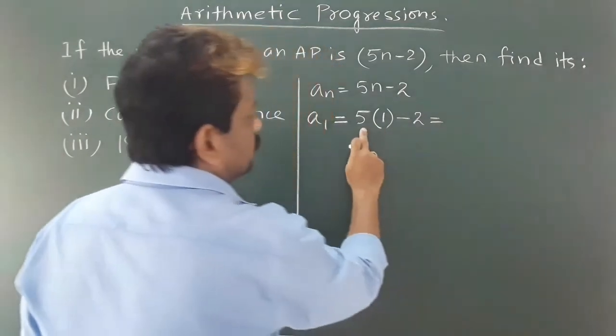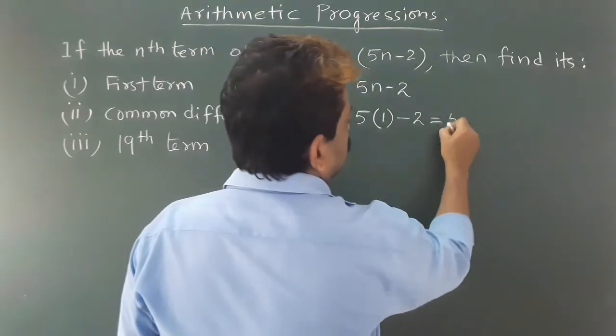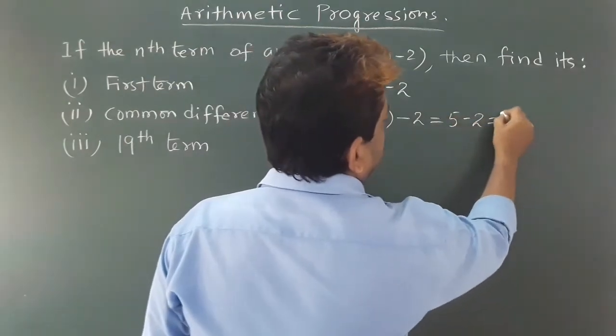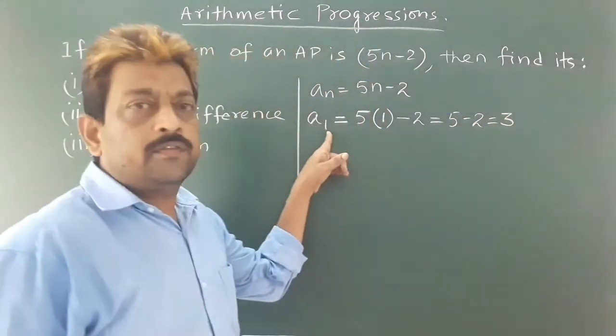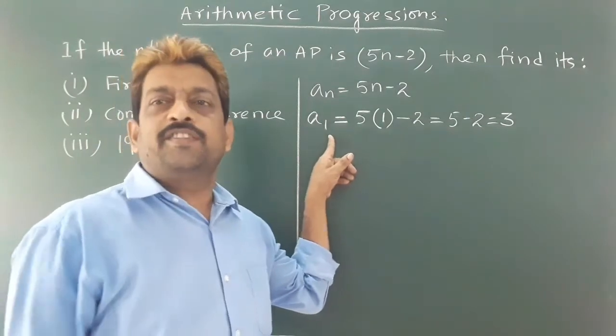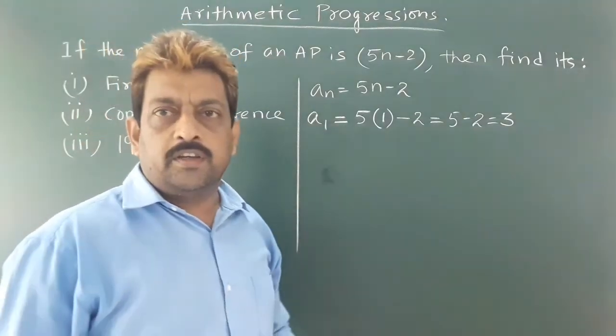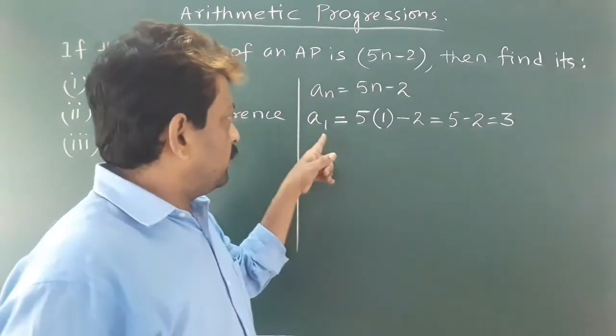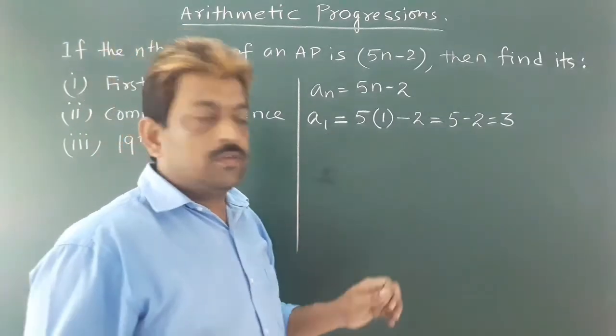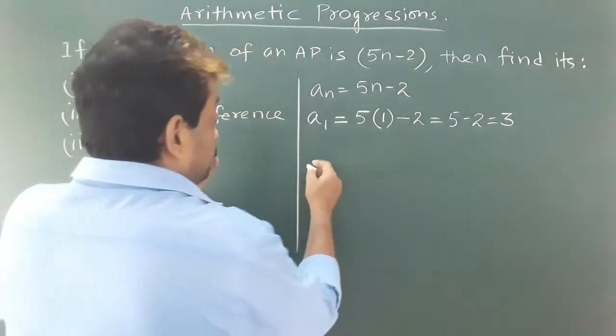So how much is this? 5 minus 2, that is 3. Now what is a1? a1 is the first term. We generally used to represent the first term as a, and here it is a1. So the first term is 3.